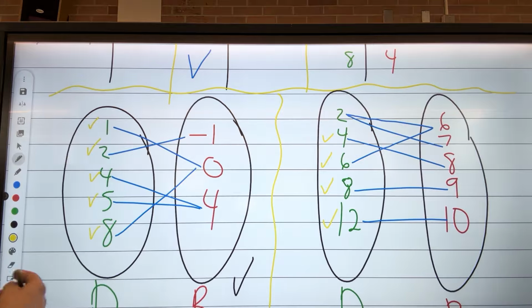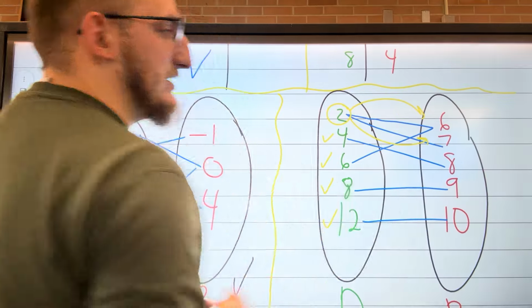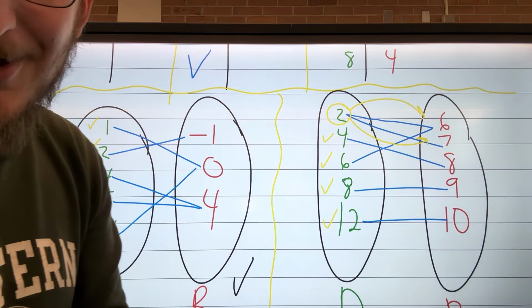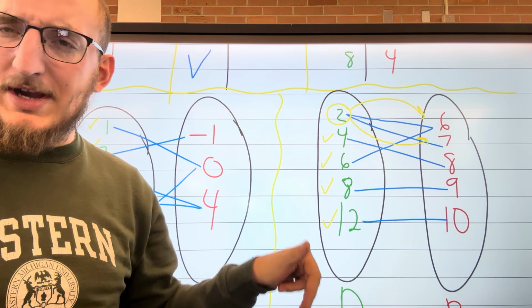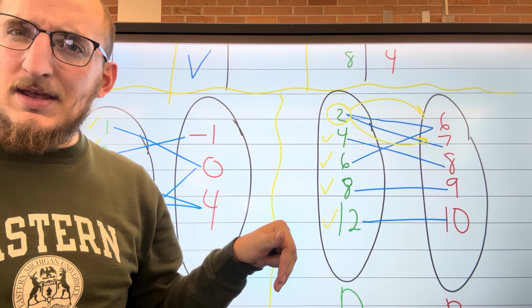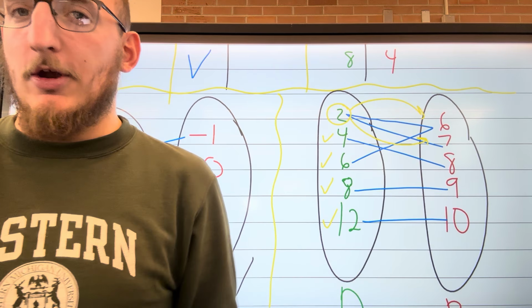But when we look at 2, one input takes you to both 6 and 7. When you put one input in, you don't know which road you're going down, right? You need to know functionally which way we go from here.